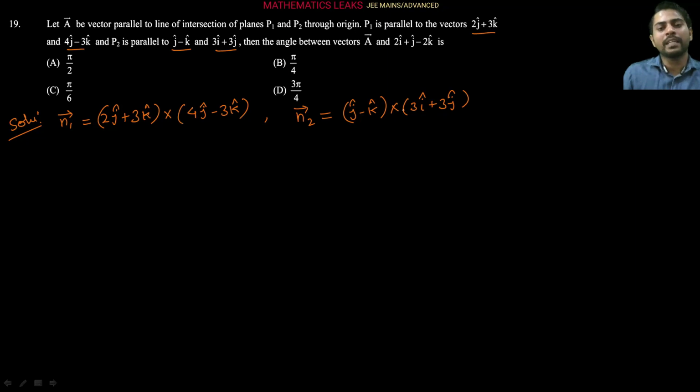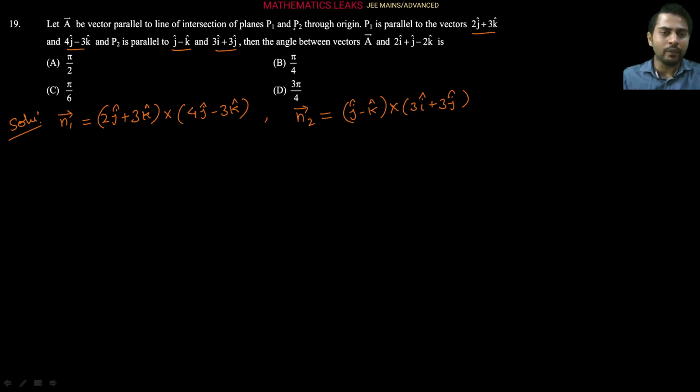So now from here we can see the P1, P2, both planes' normals we are getting here. Now it is given that A is a vector parallel to the line of intersection of planes P1 and P2.